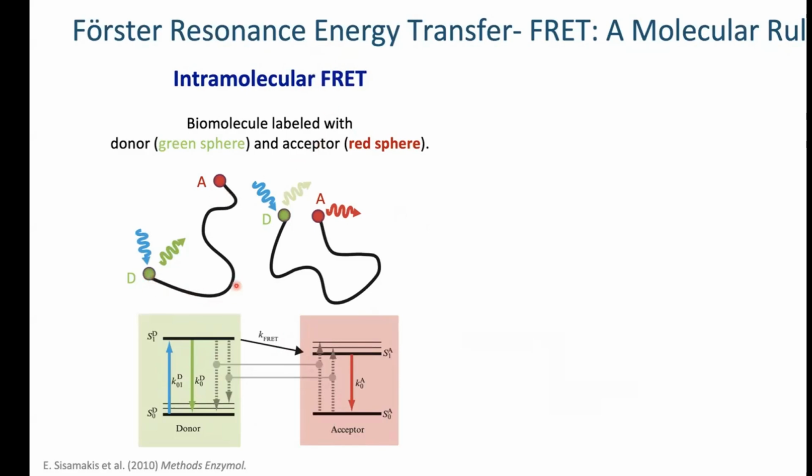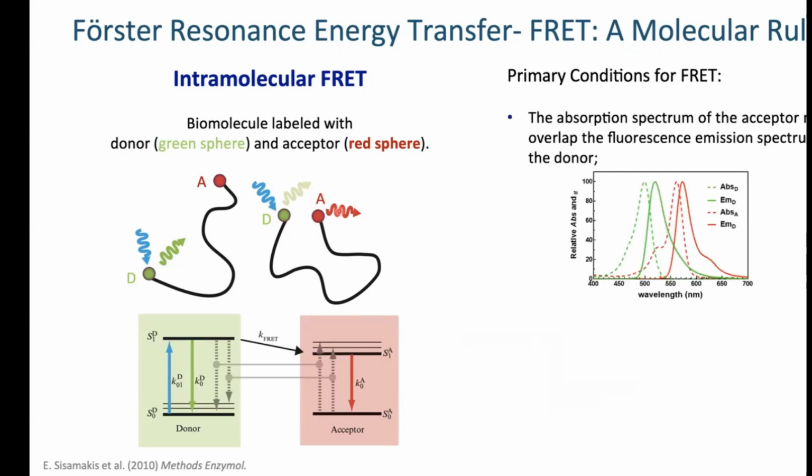As exemplified here, if you label your protein with a donor and a receptor site-specifically, and if this distance is too far apart, this means if you excite your donor, you just record the fluorescence intensity of your donor, and you don't have the contribution of the receptor. But when the donor and receptor fluorophores are in really close vicinity and you excite the donor, the receptor fluorophore will also emit, and you can quantify and determine this FRET efficiency.